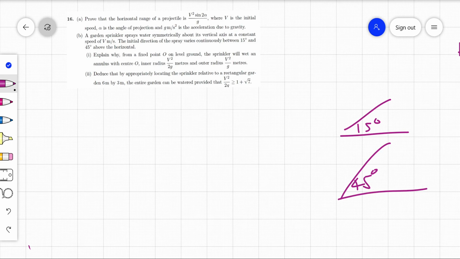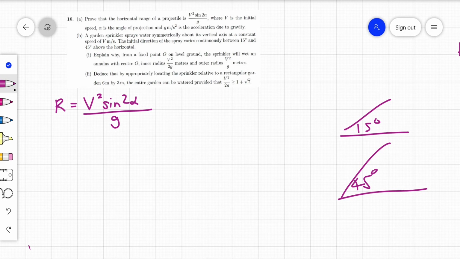Just go back to what we found. The horizontal range was v squared sin 2 alpha on g. So let's have a look at what the R's would be if we put in these two different angles.